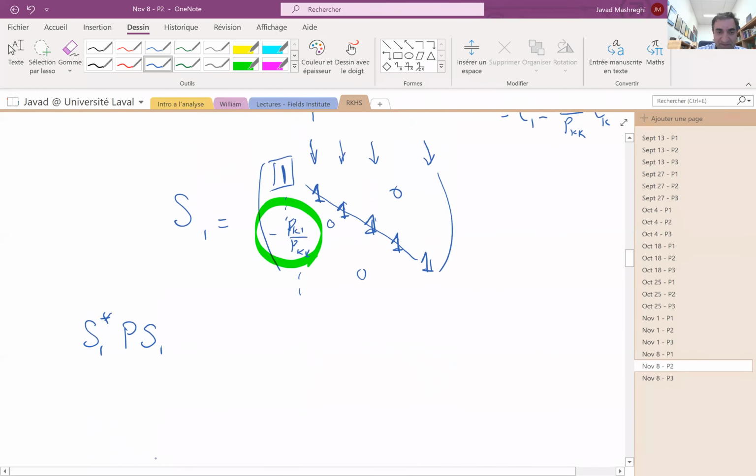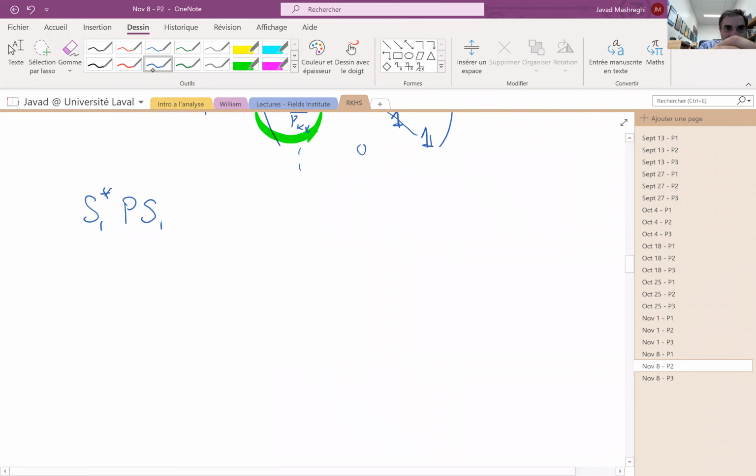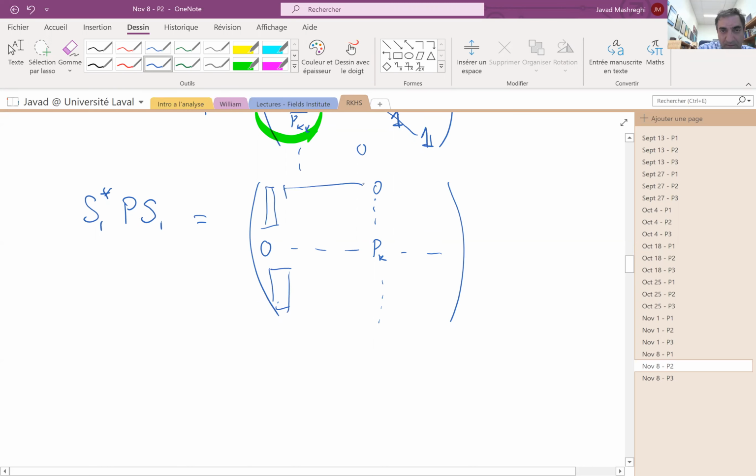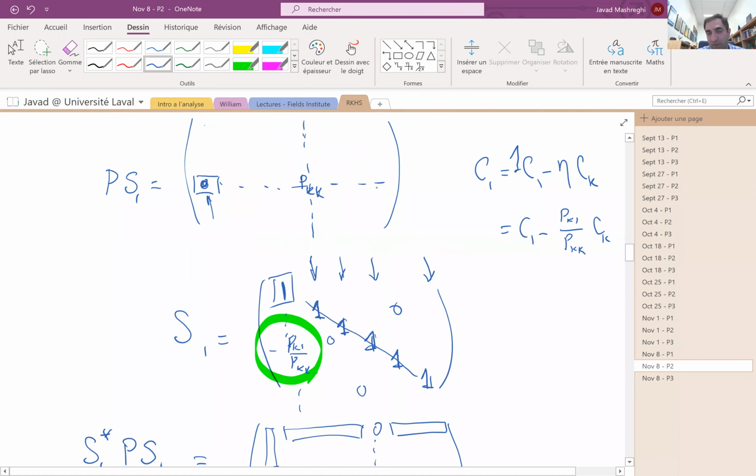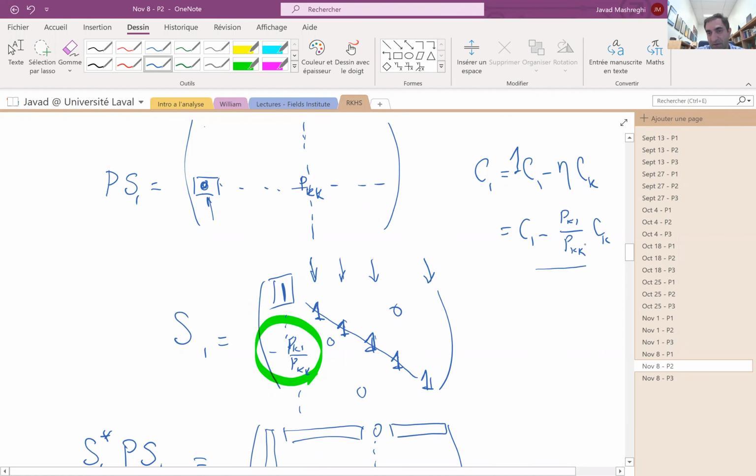So when I do this, the result will be a matrix which is PKK, 0 here, 0 here. And of course, the other elements here, they change. I mean, the elements here and here and here and here are changing because I do column 1 equal to column 1 minus a constant times column k, and the same for row 1.